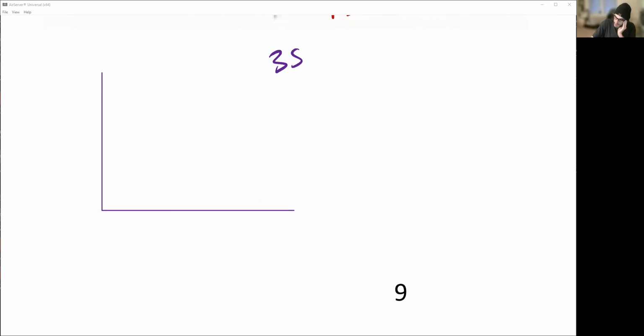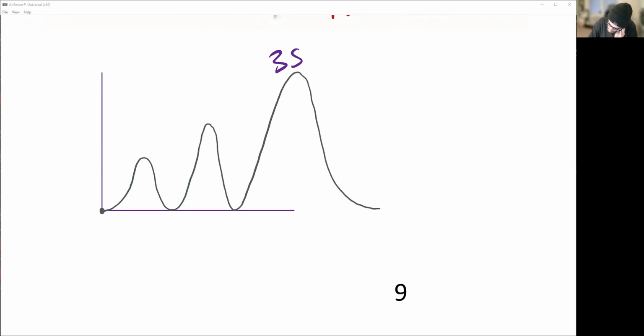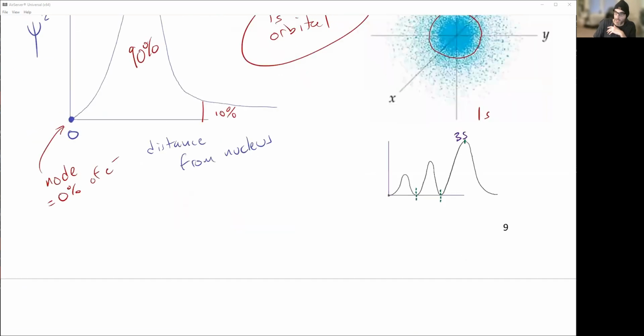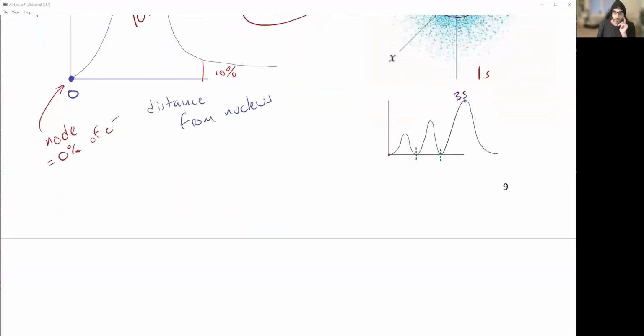Actually, let me do this again. So this is like the n equals 3. It does start with the origin. This is the most probable distance to find the electron. And we have, in fact, 2 nodes in that 3s. But we're going to talk about all of this. And in fact, we're going to make it much simpler. I just want to represent that.